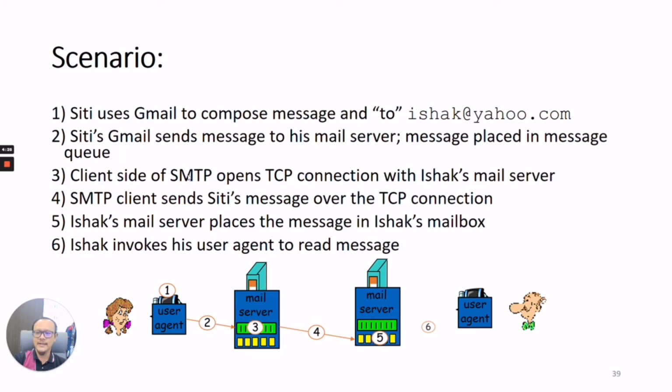The client side of SMTP opens a TCP connection with Ishaq's mail server, between the Gmail and Yahoo Mail servers, and transmits the message from Gmail to Yahoo Mail. Then Ishaq's mail server places the message in Ishaq's mailbox, and Ishaq invokes his user agent to read the message. For example, Ishaq opens the Yahoo Mail web browser to read the message from Siti.